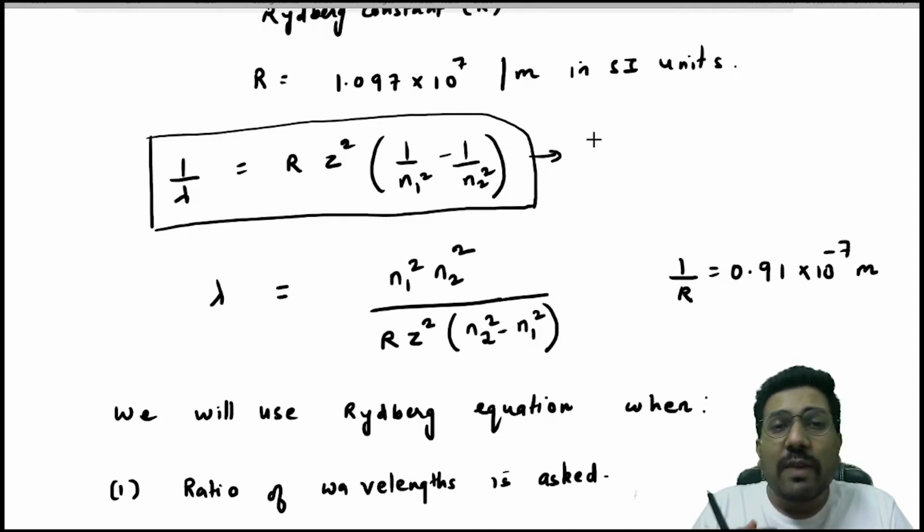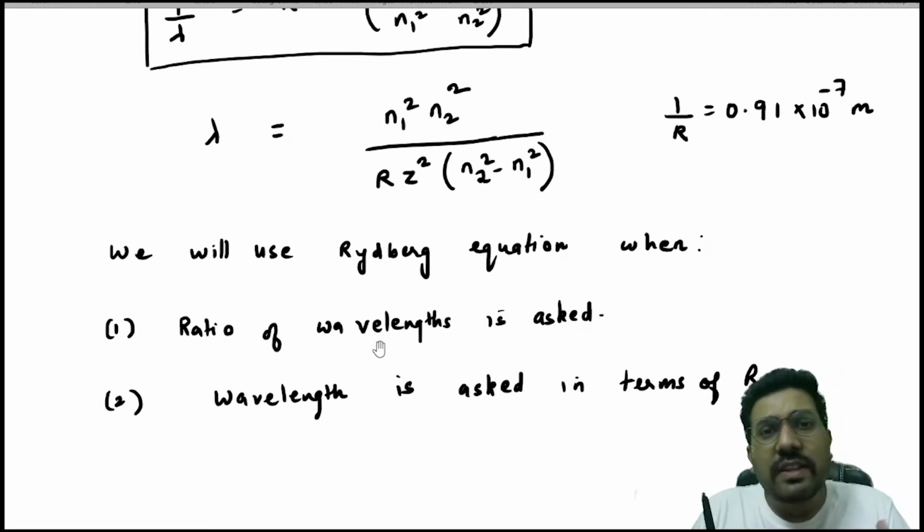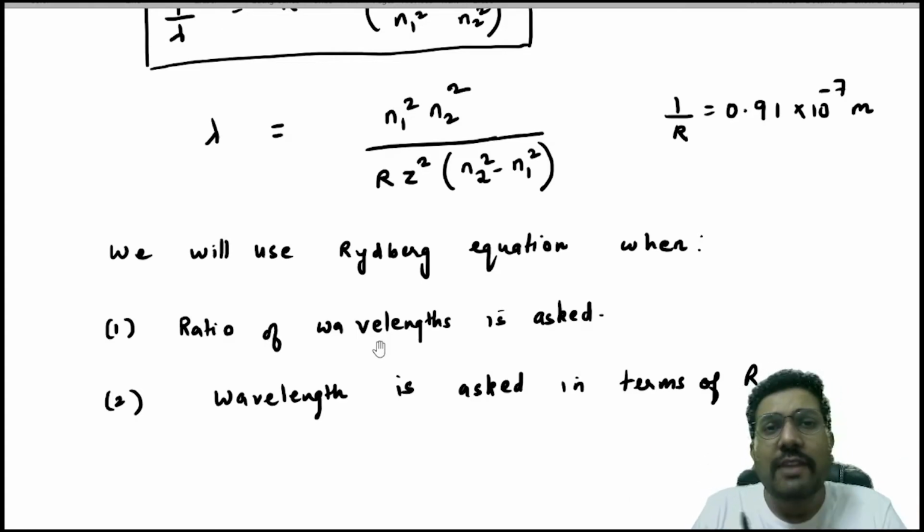So we will use this Rydberg equation when the ratio of the wavelengths is asked. In that case the values that we have learned will not be useful, because we have learned approximate values. That is why whenever they ask you the ratio of wavelengths, do not use the values that you have learned.